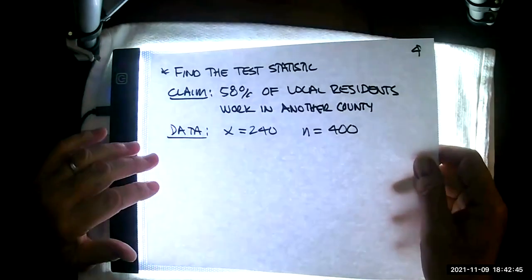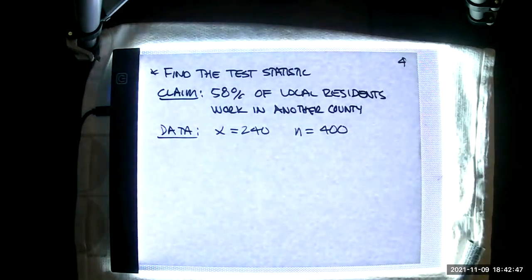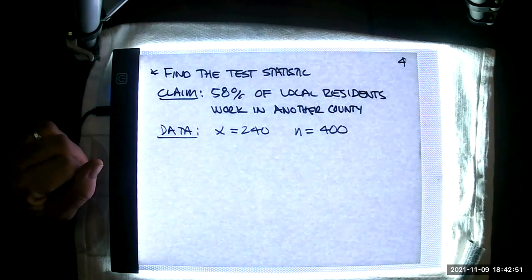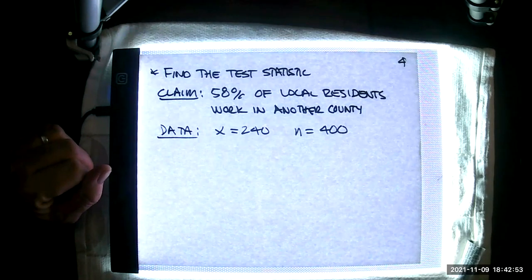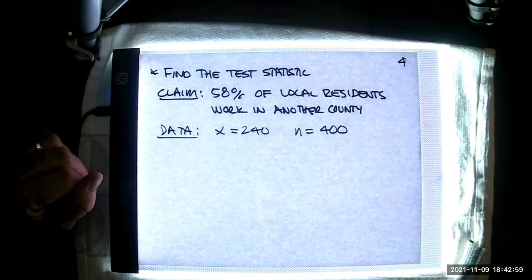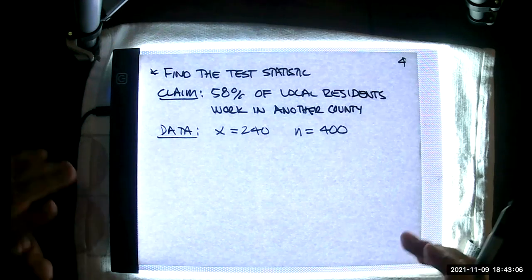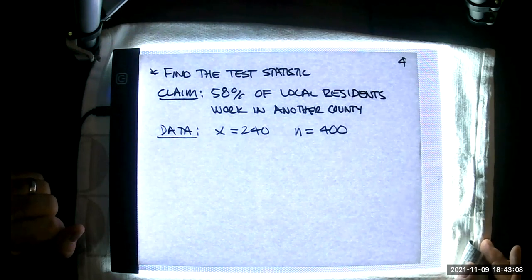So let me just give you an example of what it means to find a test statistic. Now, there's a couple of examples in your text, and there's some in section 8.1. I focus mostly on the test statistics for the mean and the population proportion, but there's also one for standard deviation, but they all work about the same.